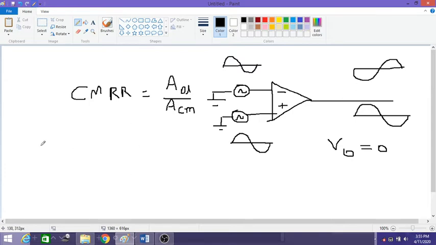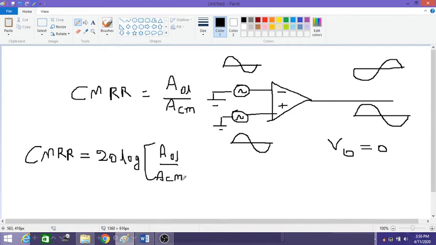In terms of dB, CMRR is equal to 20 log of AOL by ACM.